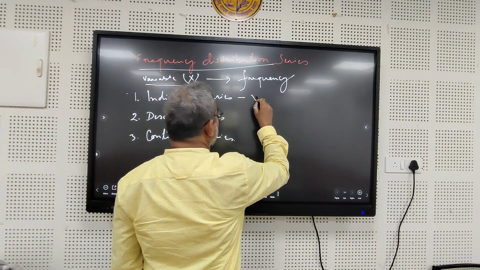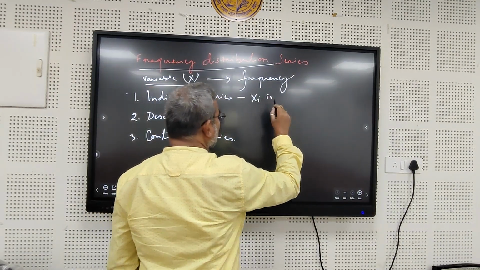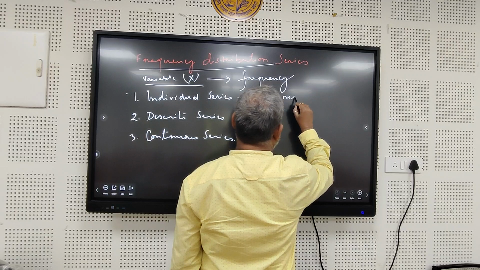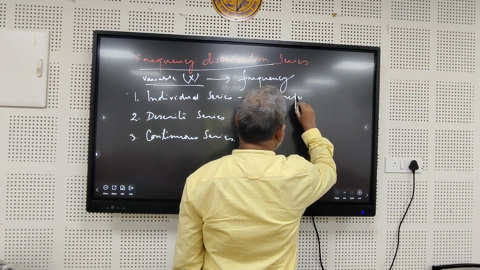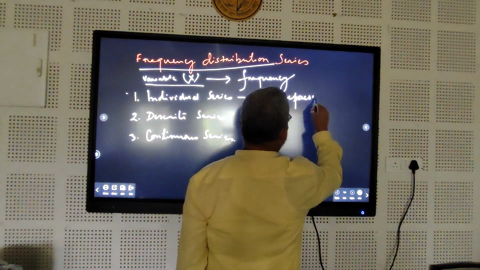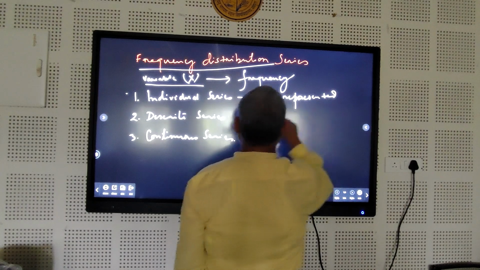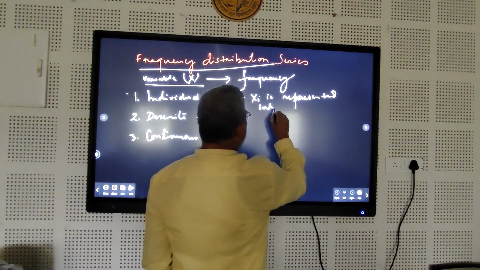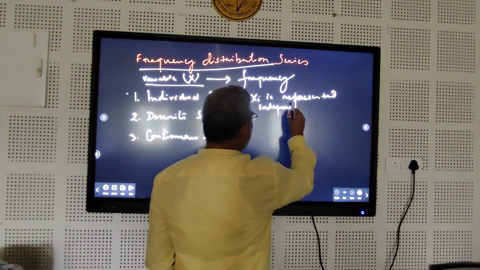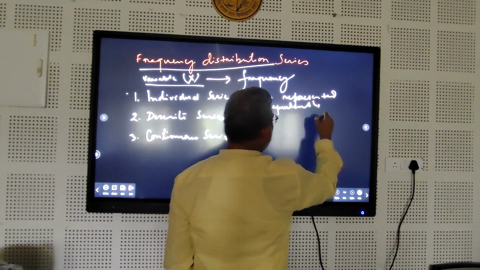So in individual series, xi is represented independently.